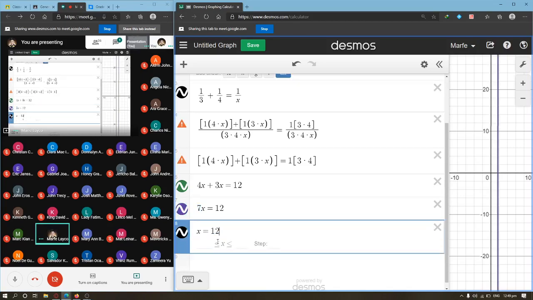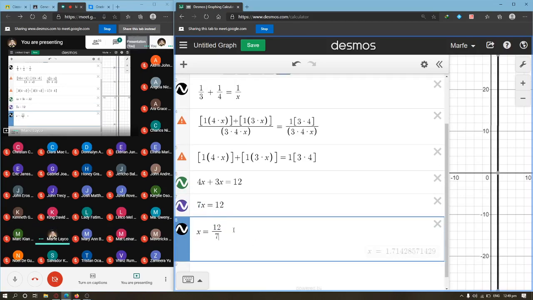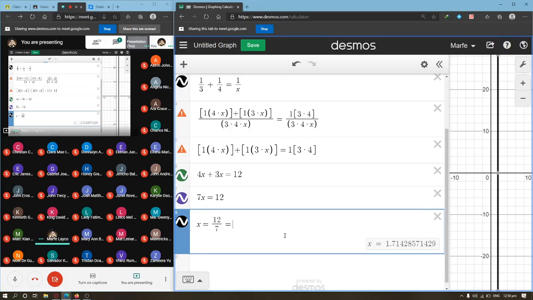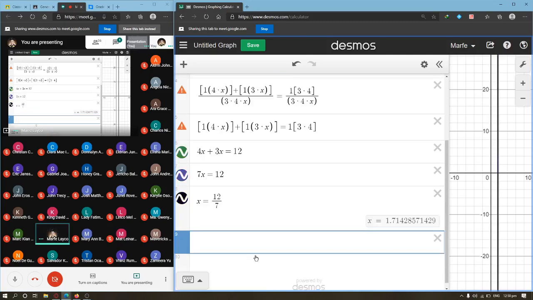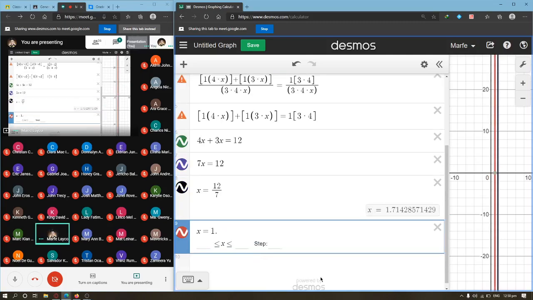So 12 over 7, or it is equal to 1.714285. So 1.7. Tinatanggap na natin yung 1.7. Or x equal to 1.7.